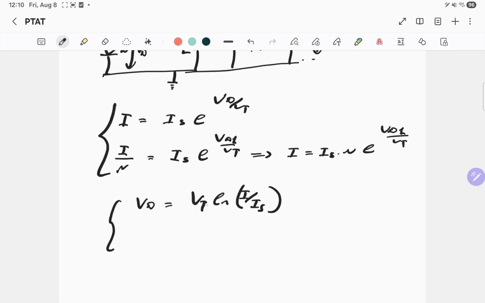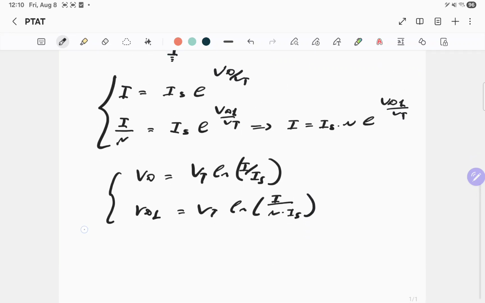So we will have that Vd equals Vt log I divided on Is. And the same we do here. We will obtain that this is equal to Vt log I divided on N times Is.